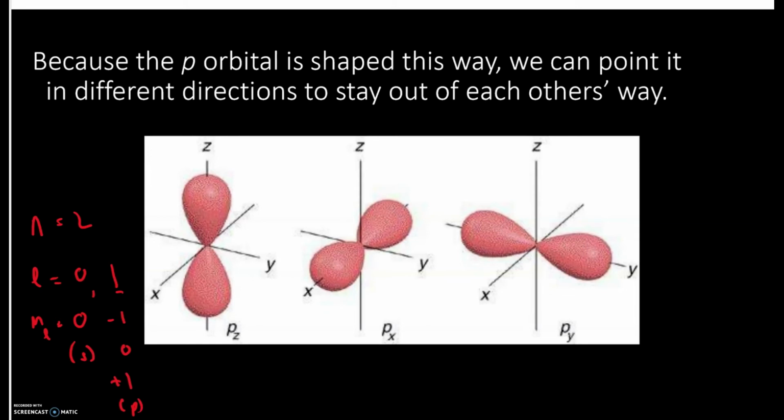Here is the first one, and it's arranged on this axis, so we're going to call it the pz, stands vertically. I don't know why they didn't call that the y-axis, but that's okay. This one's arranged along the x-axis, so we'll call that the px, and this one's arranged around the y-axis, we'll call it the py. If you superimpose this one over this one over this one, you'll see that they don't interfere with each other, so they can each hold 2 electrons without getting in each other's way.